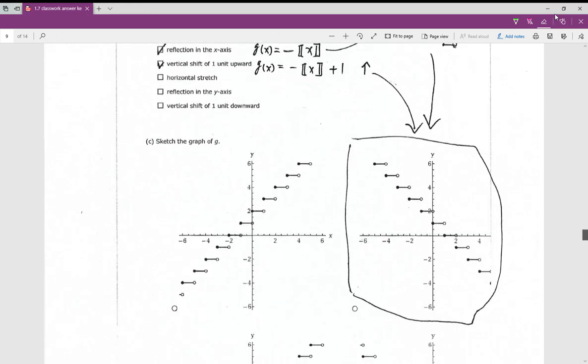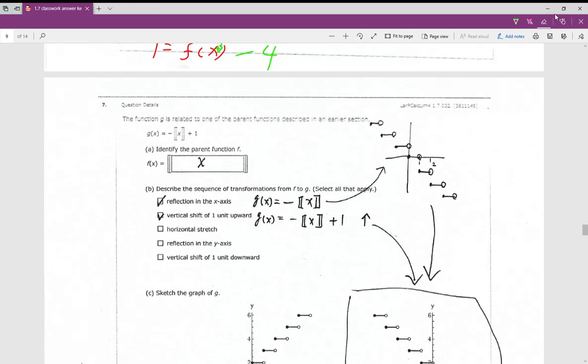Number 7. Step function also, we call this the greatest integer function. We learned that from last section. And because it's negative, it's upside down. Okay, graph, right? Upside down. So the original graph supposed to be like this.